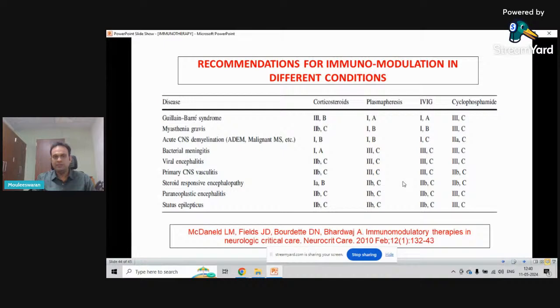In CNS demyelination, all three groups of drugs, that is corticosteroids, plasmapheresis, and IVIG, are recommended as class 1. In paraneoplastic encephalitis and status epilepticus, corticosteroids, plasmapheresis, and IVIG are all equally efficacious and are recommended as class 2.